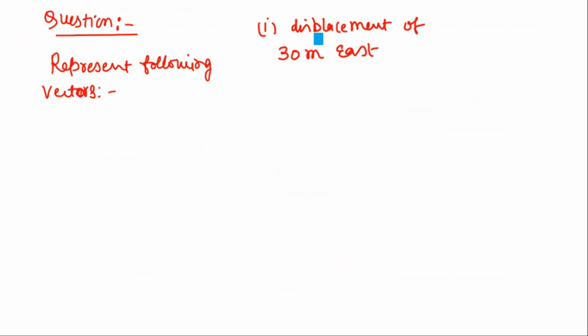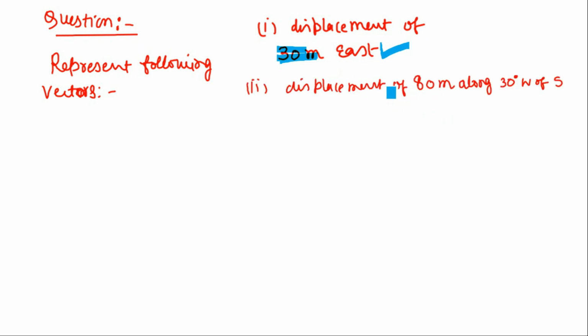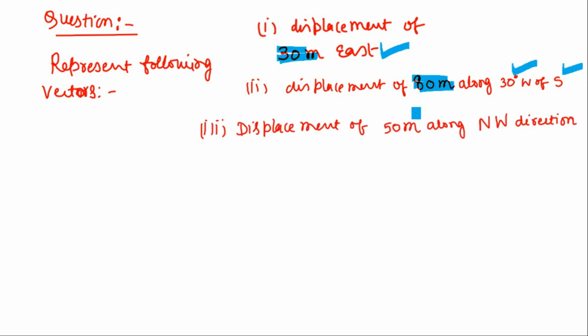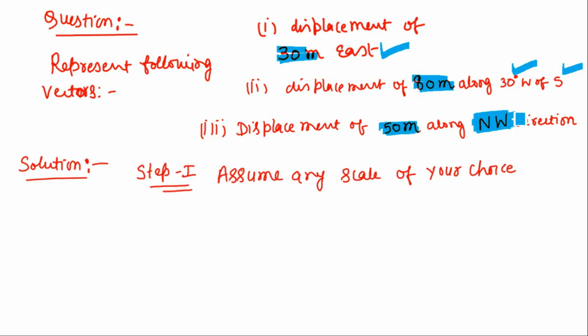We have to represent a displacement on a graph paper whose magnitude is 30 meter and whose direction is east. Then we have to represent a displacement of magnitude 80 meter which is directed along 30° west of south. Then we have to represent a displacement of magnitude 50 meter whose direction is northwest. First of all, we have to assume a scale of our choice.